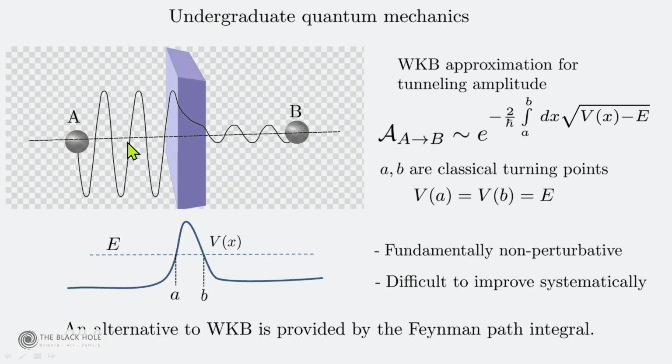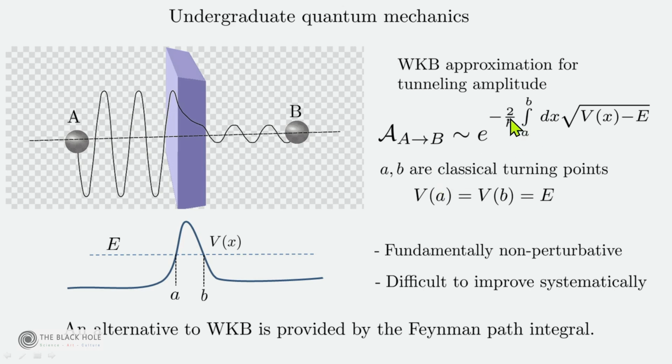So here it is a free particle. You see the oscillatory wave function, and here again it is oscillatory. Okay, now this is an explicit formula for the transition amplitude from A to B.